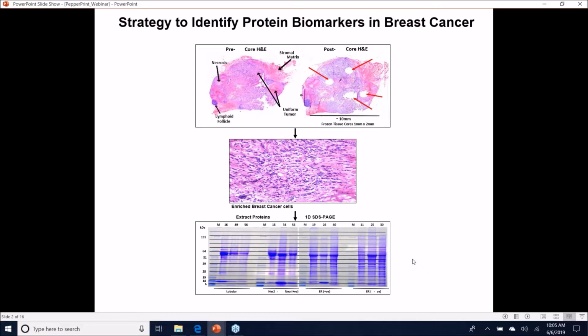So this paper was published comparing estrogen receptor positive and negative breast cancers, and we identified close to 3,000 proteins, and we were able to identify 150 upregulated, 90 downregulated proteins.